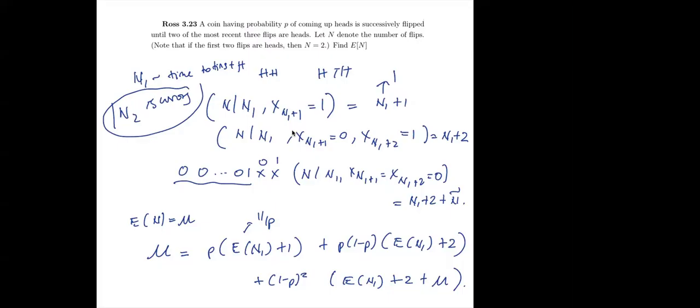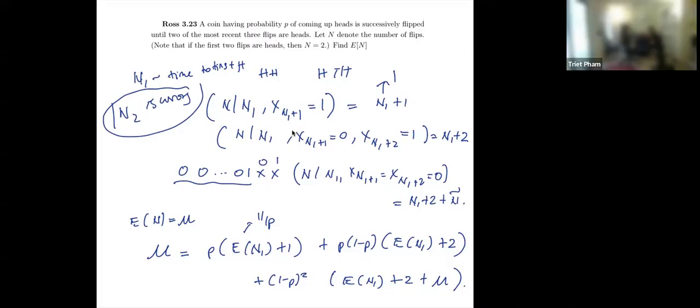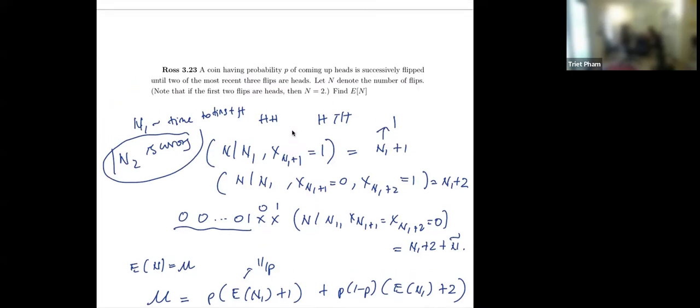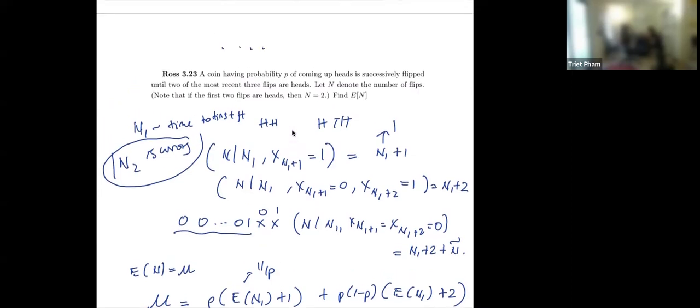Well, maybe wrong is a strong word. But why wrong? If you condition on N2, that means you have a 1, 1. That's N2. But before that, you don't have consecutive 1s, but you might have this.